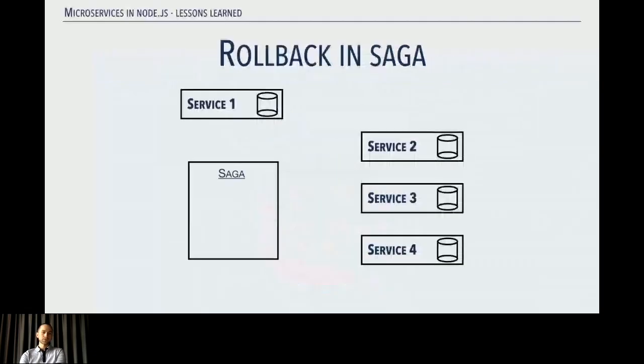So I'll show you that using an example. Let's say we have 4 microservices, and we would like to execute some more complex command in our system. So we are communicating service 1 with our SAGA and trying to execute that operation.